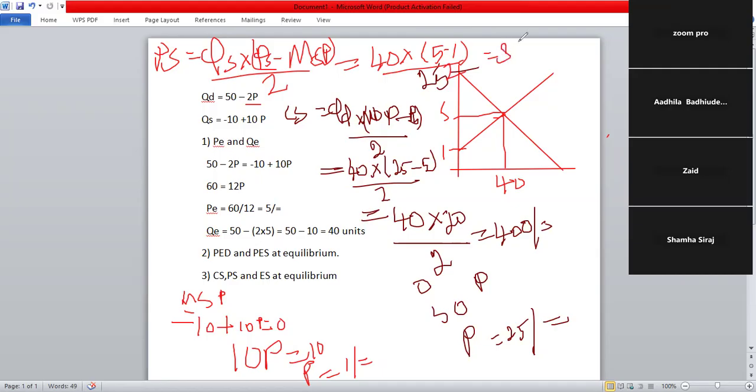So that is 80 rupees. Producer surplus 80 rupees. So consumer surplus 400 rupees, producer surplus 80 rupees. Therefore, the economic surplus is 480 rupees. Economic surplus 480 rupees. Okay.